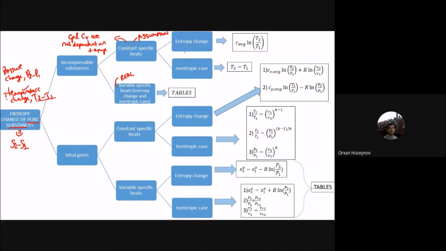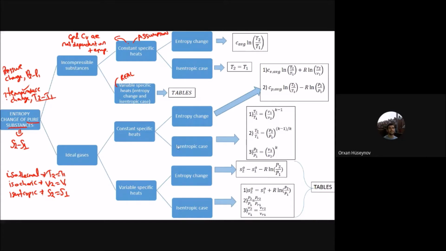For the constant specific heats, if you are trying to find the entropy change, you use this formula: C average ln T2 by T1, for an incompressible substance. In the isentropic case, like the isothermal case where T2 is the same as T1, or the isochoric case where V2 is equal to V1 and the volume doesn't change, the entropy remains constant.